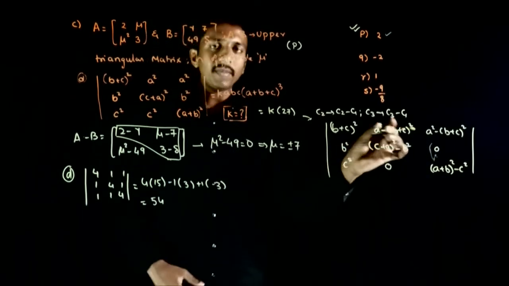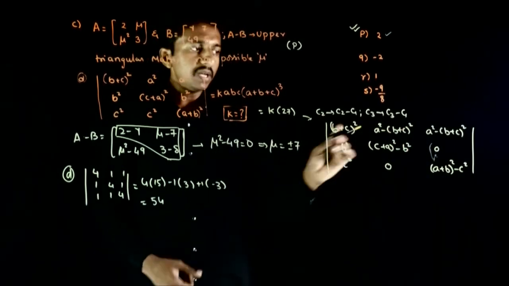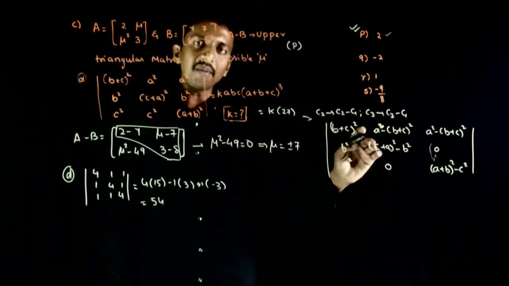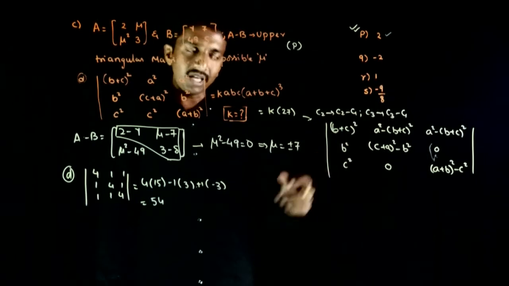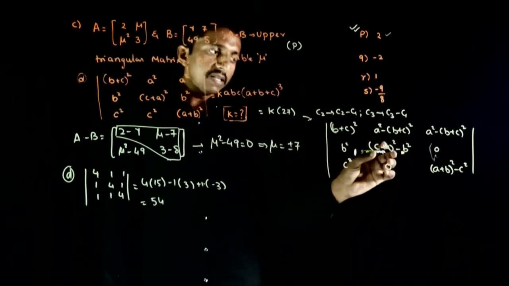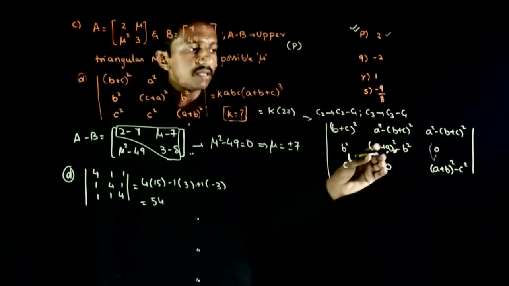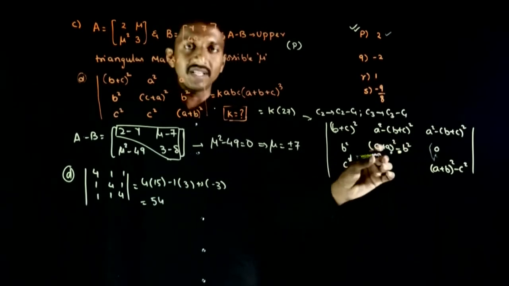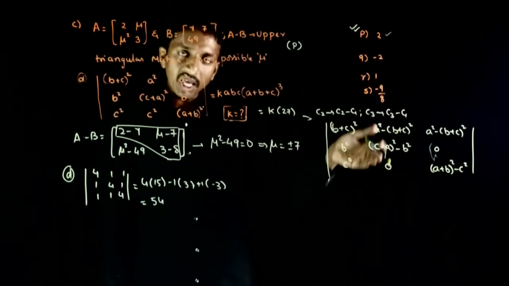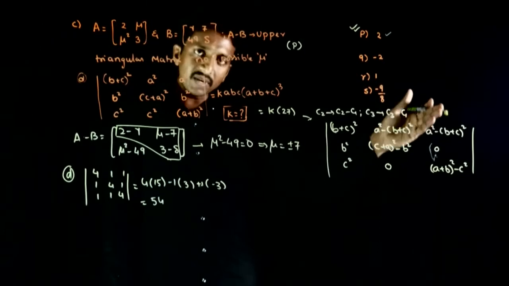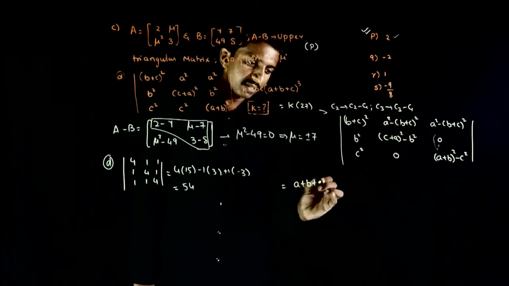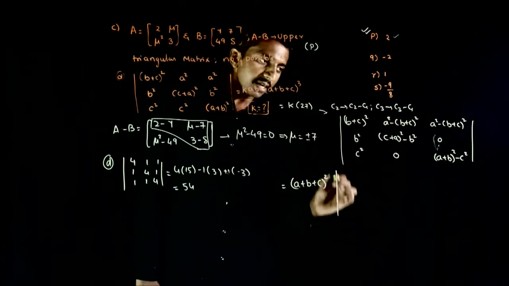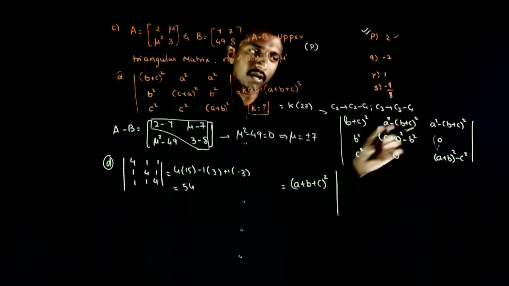So आप a square minus (b plus c) whole square को (a plus b plus c) into (a minus (b plus c)), आप a square minus b square को (a plus b) into (a minus b) स्प्लिट कर सकते हैं. (c plus a) whole square minus b square is (c plus a plus b) into (c plus a minus b). So आपको a plus b plus c यहां से कॉमन आ जाएगा. सिमिलरली a plus b plus c यहां से कॉमन आ जाएगा. (a plus b plus c) whole square कॉमन आ जाएगा इस कॉलम से एक बार, इस कॉलम से एक बार.